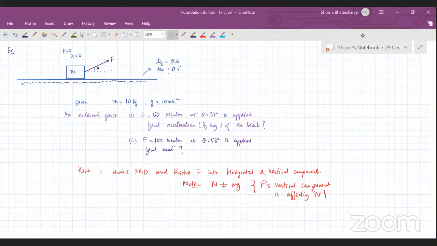No, Rukhsar, see, you have to understand that static friction tries to balance the tangential force. So it's not necessarily equal to mu n.